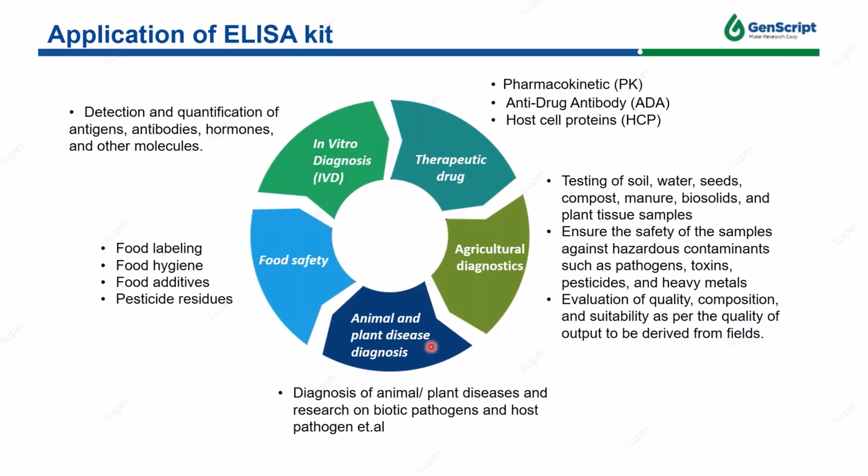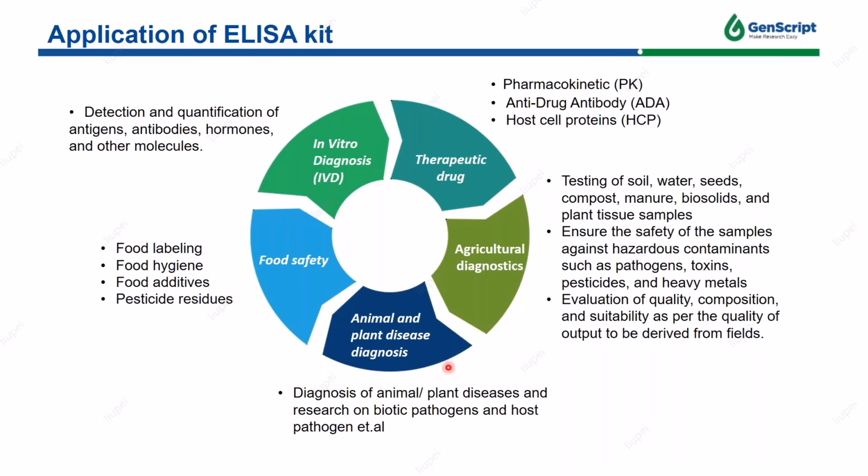For the agriculture diagnostic, we will test soil, water, cysts, and plant tissue samples, and so on. Ensure the safety of the samples against hazardous contaminants such as pathogens, toxins, and heavy metals, and so on.